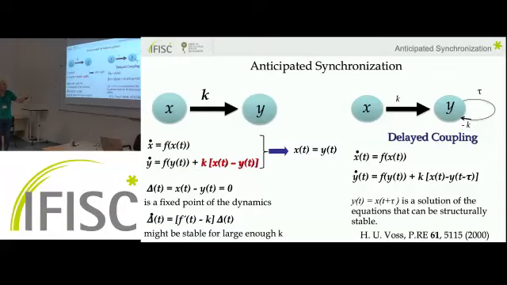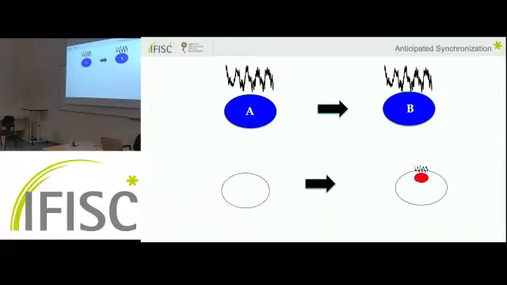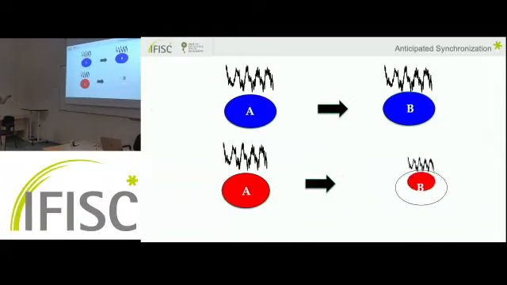This is a solution of the equations, and it has been proven that it can be structurally stable. This was proposed by Henning Voss in 2000. So this is the idea. In delay synchronization, this switches on, then this one, but in the anticipated synchronization regime, it is the other way around. So it looks very counterintuitive, but it has an explanation.